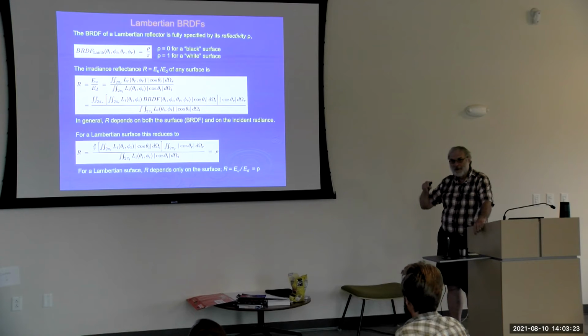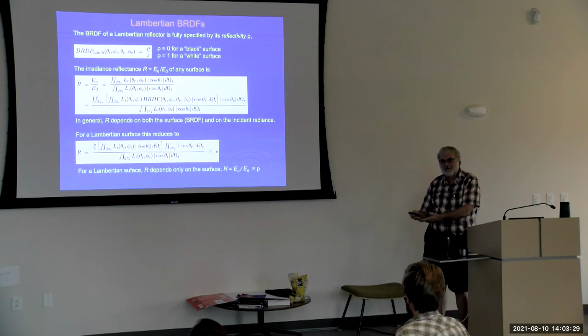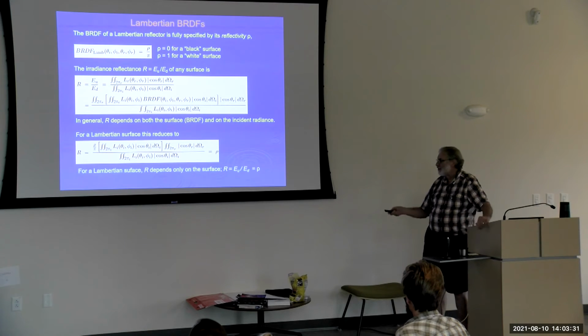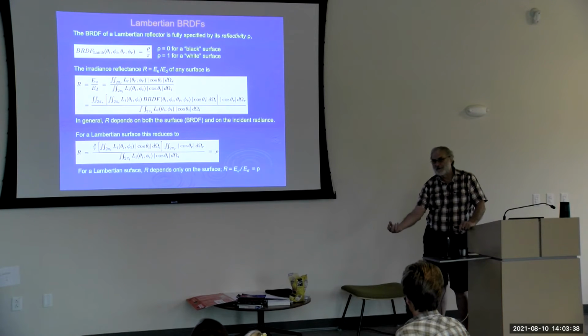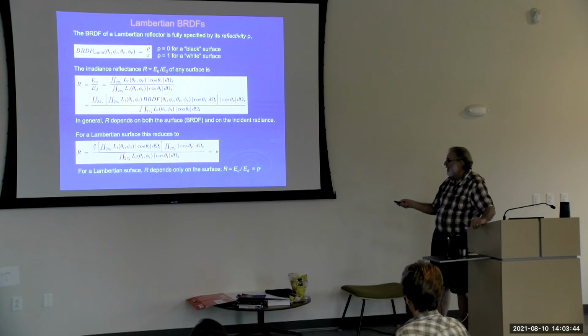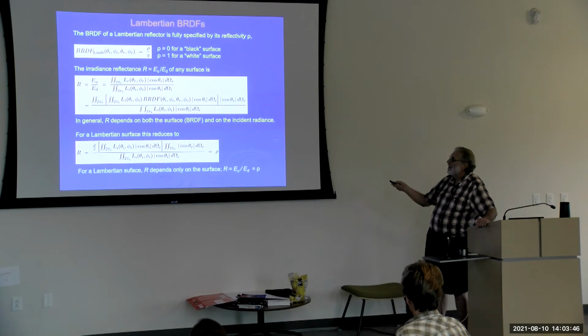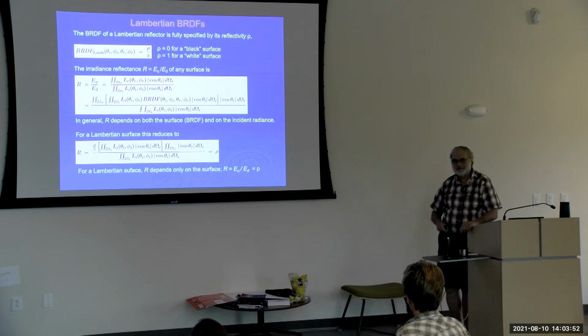So when you want to model a Lambertian surface in Hydrolight, and let's say you want to figure out the reflectance of a sandy bottom, just go out and measure the irradiance reflectance EU over ED. So you put your instrument there, you get ED, you turn it upside down, you get EU, take the ratio, there's your reflectance, stick that in there, and there you have the BRDF of the Lambertian surface, and that's the default in Hydrolight.